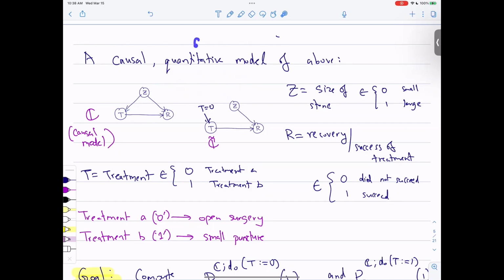What will I do? I will do Z, T equal to something, comma, G equal to something. I can do these kinds of do's. And then, essentially, now you have two variables on which you're intervening. So there are now a whole family of joint distributions. Each has an entailed distribution.